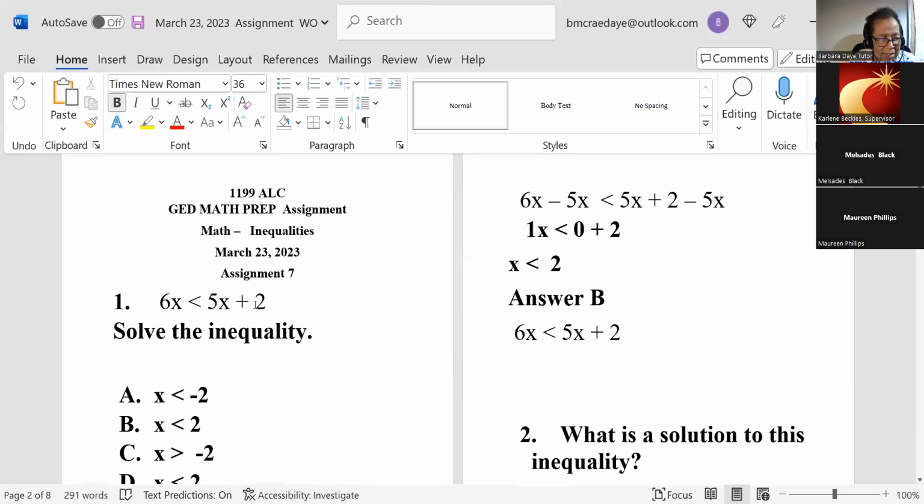Leave the constant where it is. So in order to do that, you've got to do something with your 5x. Maureen said, subtract the 5x from both sides. That's perfect. Because now you just have 1x left, and 5x and a minus 5x give you 0. So now you have the variable on the left and the constant on the right.